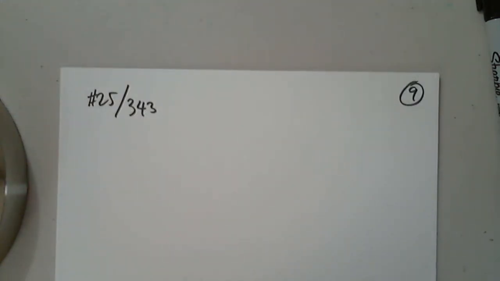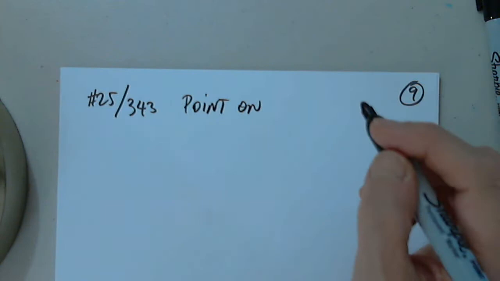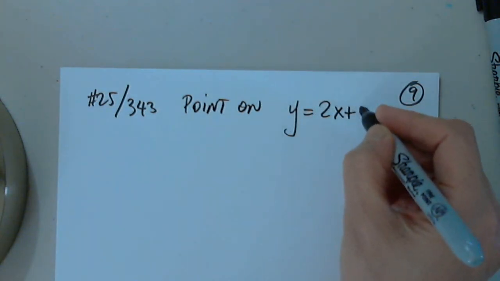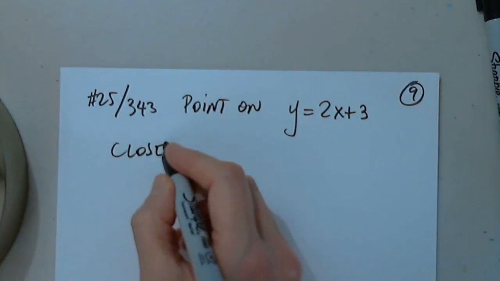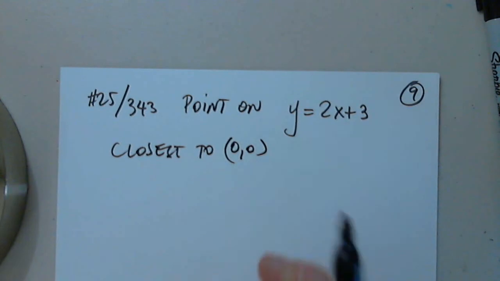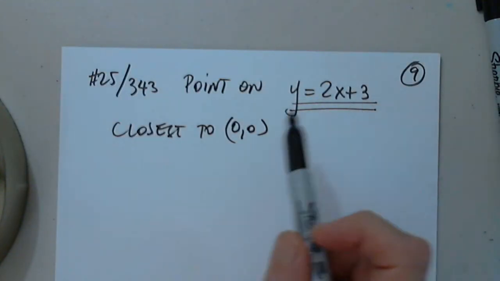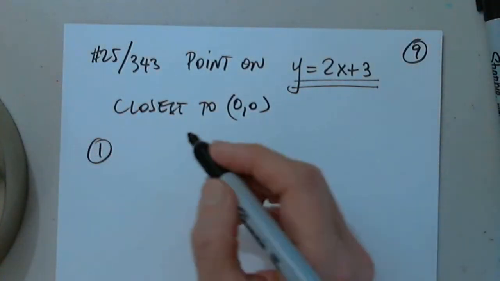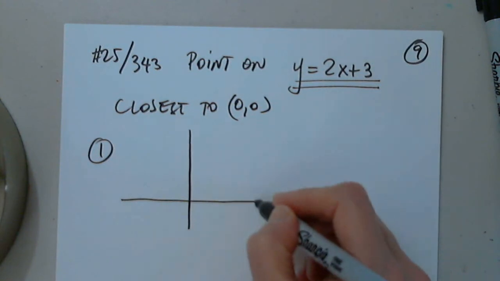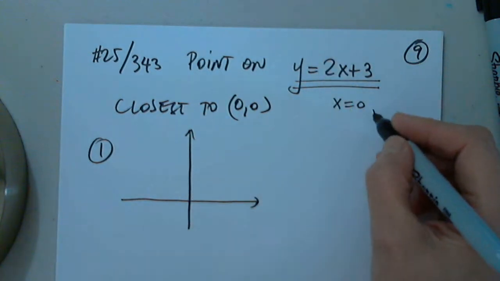So 25, it says find the point on the line y equals 2x plus 3 that is closest to the origin. So remember, step 1, I have to draw. There is no problem here because when x is 0, y is 3.